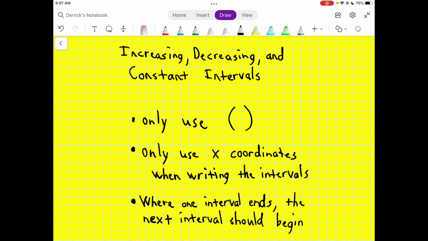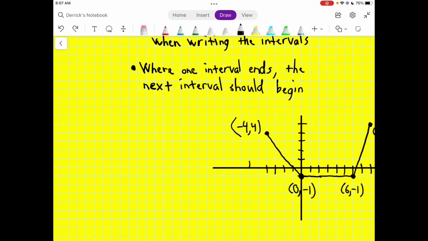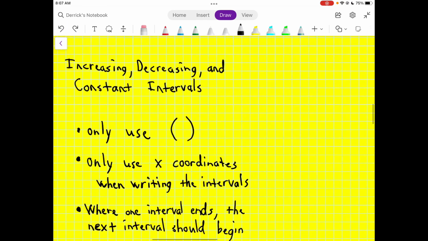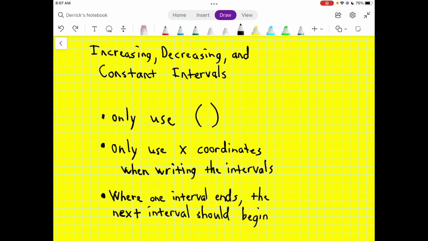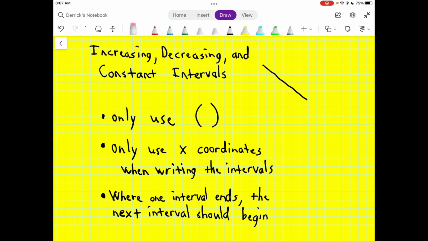An example of something increasing would be something that is going up from left to right. An example of something decreasing would be going down from left to right. And something being constant would be just a flat line. So that's what we're looking for on these graphs.